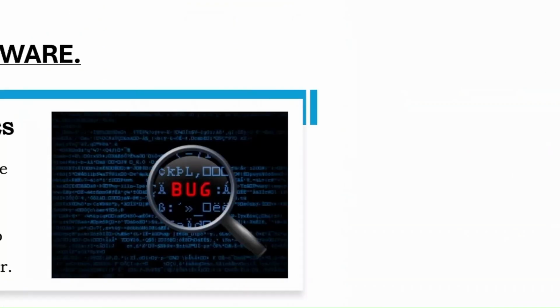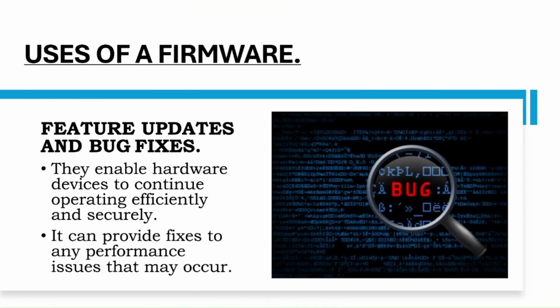Let's look at some uses of firmware. They include feature updates and bug fixes. They enable hardware devices to continue operating efficiently and securely. It can provide fixes to any performance issues that may occur.